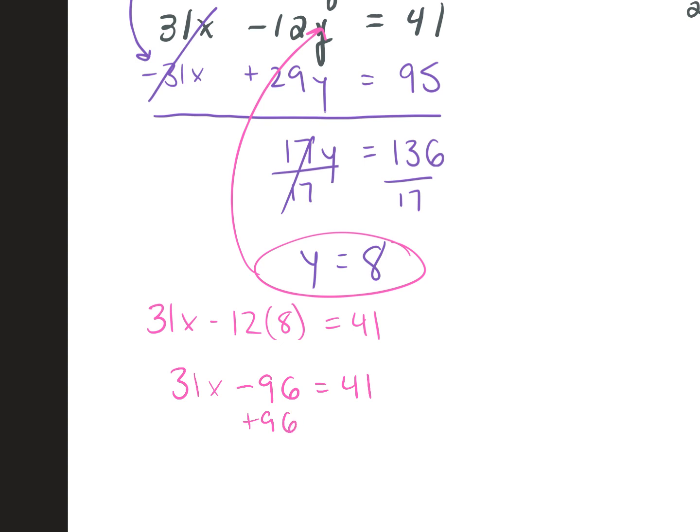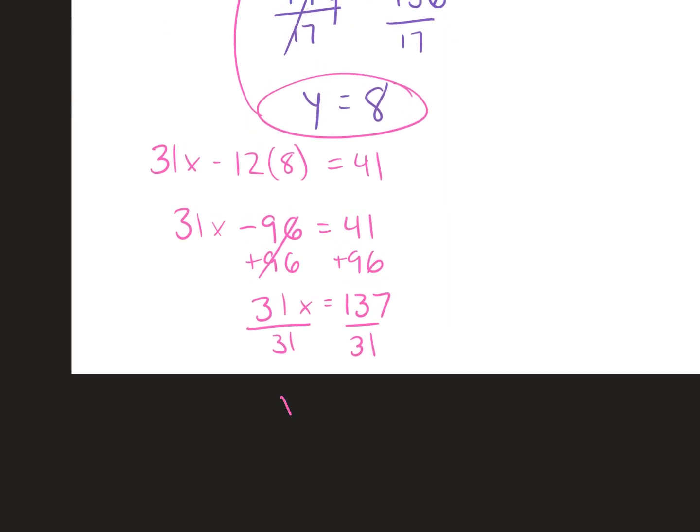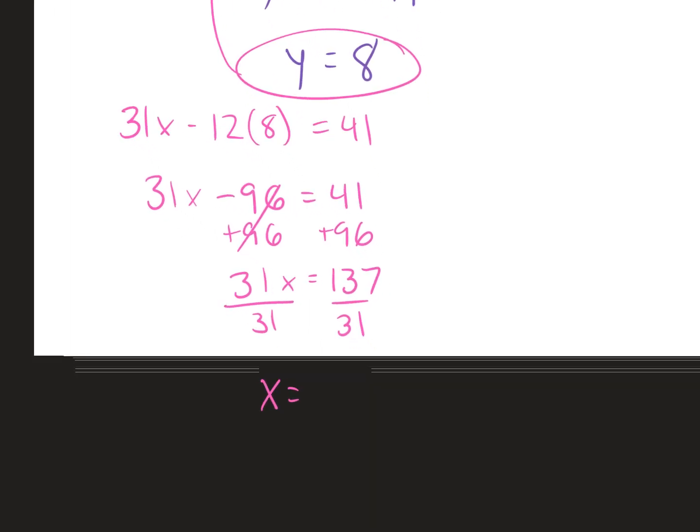Add 96 to both sides. 137. Divide both sides by 31. So what does x equal? I don't think anything goes into 31.